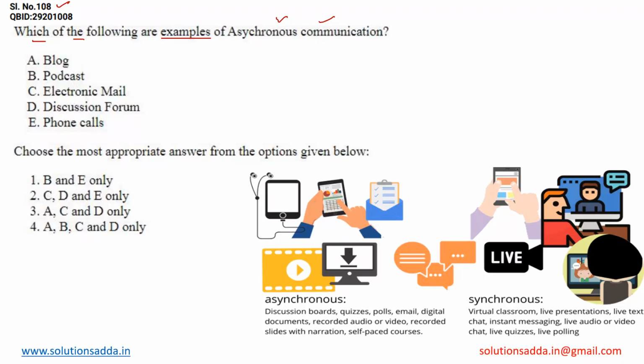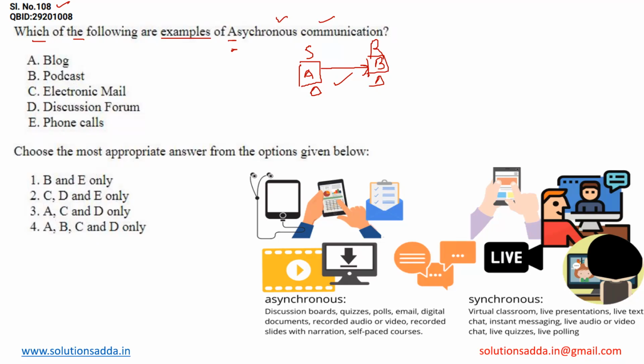In order to answer this question, we must know the difference between asynchronous communication and synchronous communication. In every communication there have to be two parties, one is the sender, another is the receiver. Let's assume these are the two parties involved in the communication, A and B. In asynchronous communication, if A wants to send a message to B, A can send the message to B anytime, whenever A wants, no matter whether B is active or not.